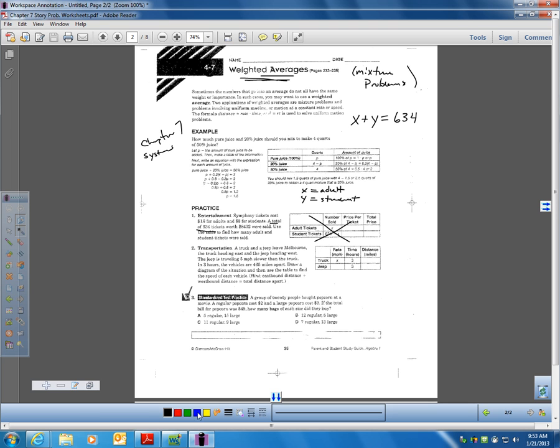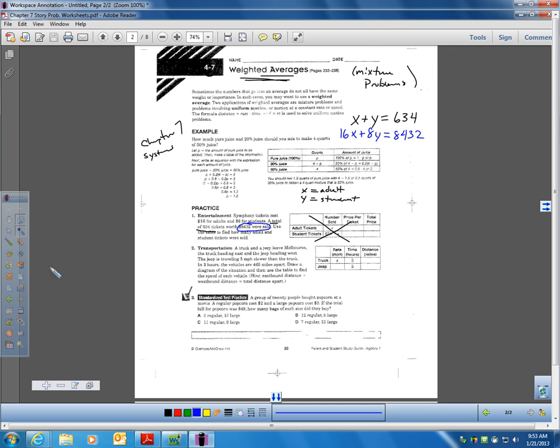But here's the second equation. These are supposed to add up to $8,432 in tickets were sold. So ready? Every adult ticket is worth $16. It's $16 per adult ticket plus $8 per student ticket, and that's supposed to add up to $8,432.